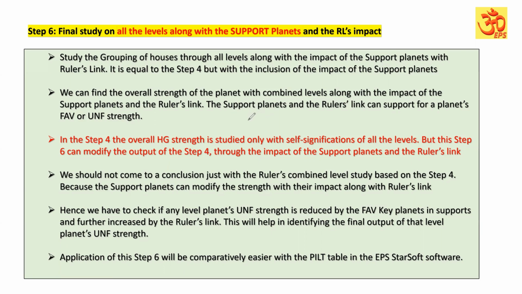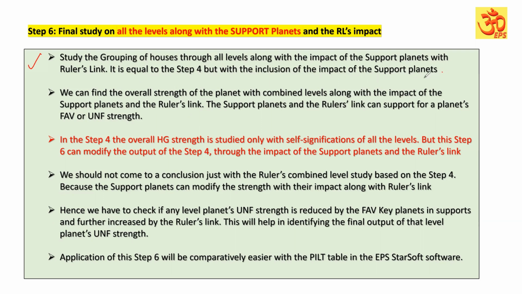But like step number 4, combining levels from the planet to the star lord and to the sublord, we have to check all levels, the grouping of houses along with the impact of the support planets and ruler links. So study the grouping of houses through all levels along with the impact of the support planets and the ruler link. It is equal to step number 4, but with the inclusion of the impact of the support planets.